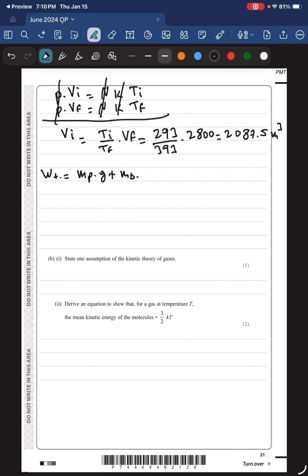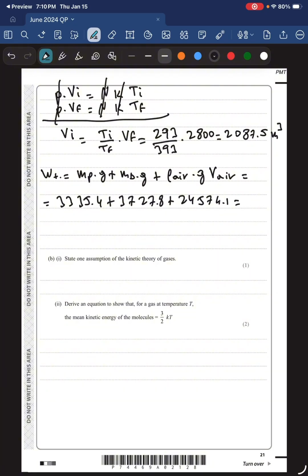So the total weight is going to be equal to the mass of the passengers times g, plus the mass of the balloon times g, plus the density of air times g times the volume of air we just found. So this is equal to 3,335.4 plus 3,727.8 plus 2474.1, and all this is in newtons.